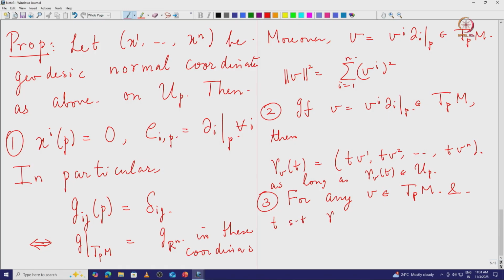So again, as long as this geodesic stays inside UP, you can actually compute its velocity vector. Its velocity vector, up to this scaling factor by the norm of V, is precisely given by the radial vector field. So the reason for introducing this radial vector field is that it exactly gives us the velocity vectors to geodesics emanating from the center point P. Okay.